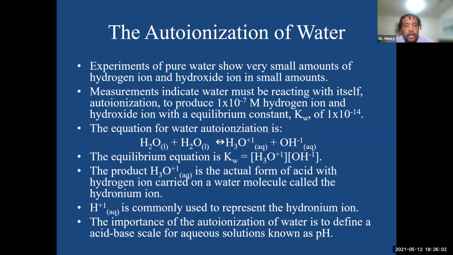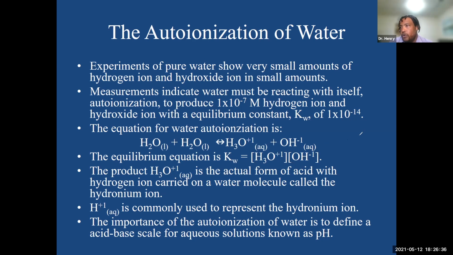If you have water that doesn't have any contaminants, then you're always going to have a concentration of 1 times 10 to the minus 7 molar hydrogen ion and 1 times 10 to the minus 7 molar of the hydroxide ion.